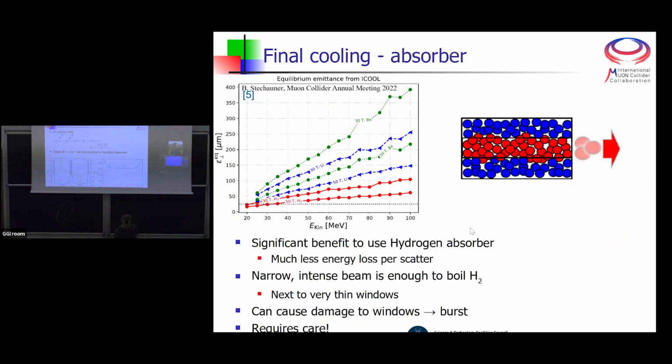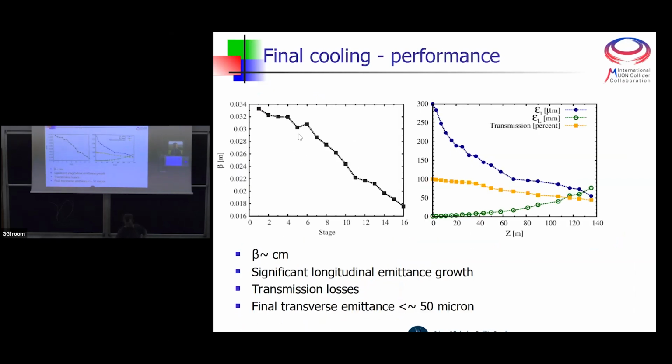Okay. And so what happens is we can get a very good transverse emittance reduction, but we get longitudinal emittance growth for exactly the reasons I was talking about. Now, the other game we can play is we can reduce the momentum.